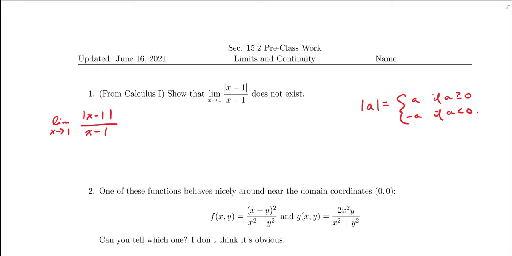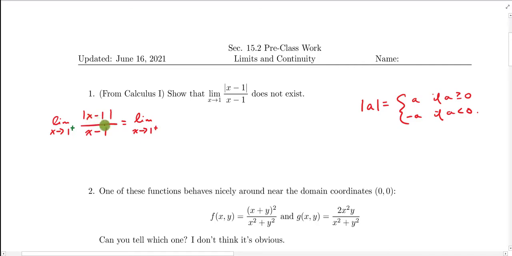So what I'm going to have to do is assign a direction of approach here. So let's start off by saying x is approaching 1 from the right. If we do that, then we can argue that this expression inside the absolute value here is always positive. Why is that? Because x is approaching 1 from the right, so that's numbers like 1.1 or 1.002 or something like that.